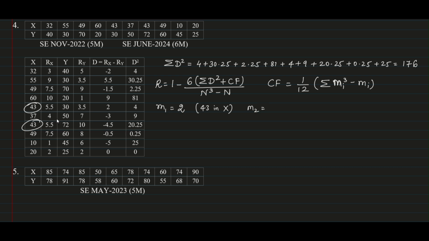Similarly, m2 is equal to 2 for the repeating values of 49 in x. Also, m3 is equal to 2 for the repeating values of 30 in y.